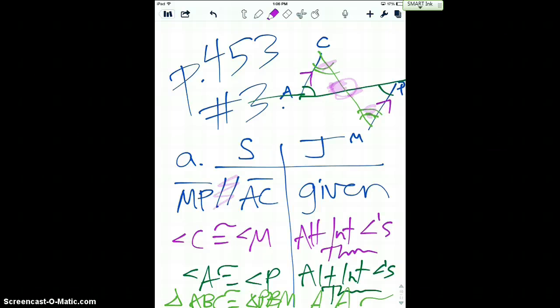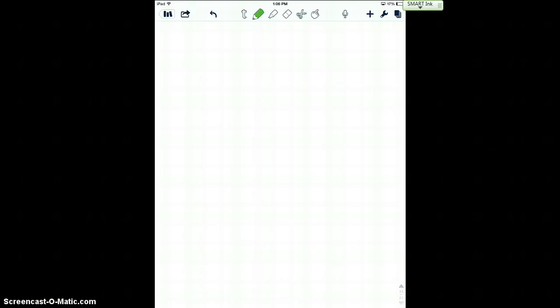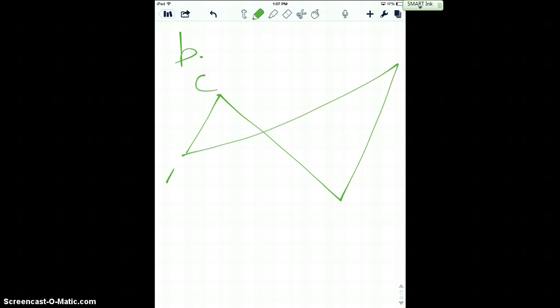All right, got it problem number 3, part B. It asked for the figure, suppose you're only given that blah equals blah, could you prove that the triangles are similar? Well, let me draw out the picture again. It sort of looks like it.